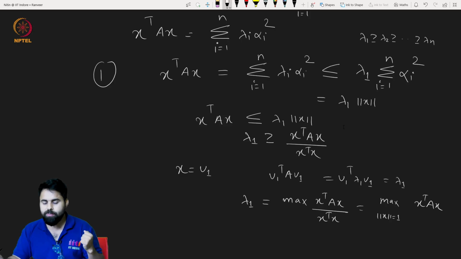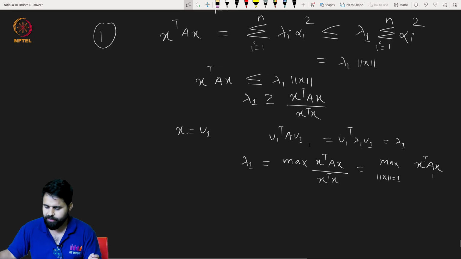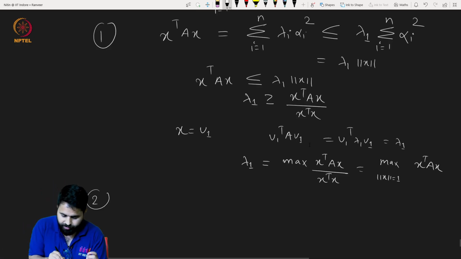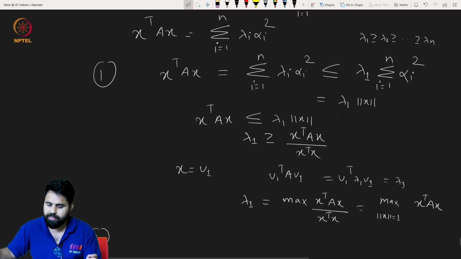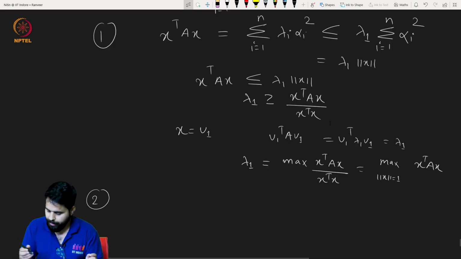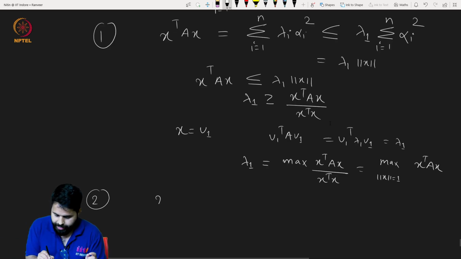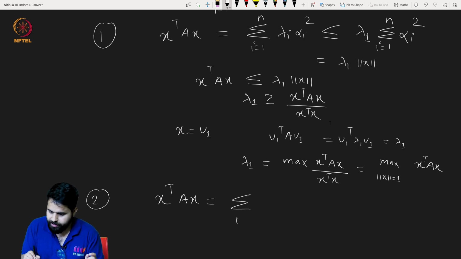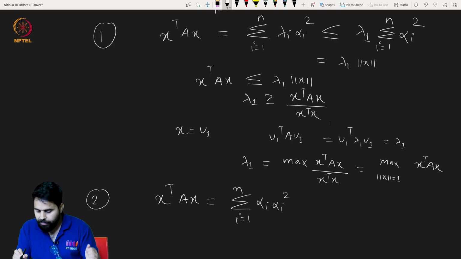Now let us move to the next fact, which is almost similar. If you see this equation, I can write X transpose AX, which is equal to the summation over lambda i alpha i square.